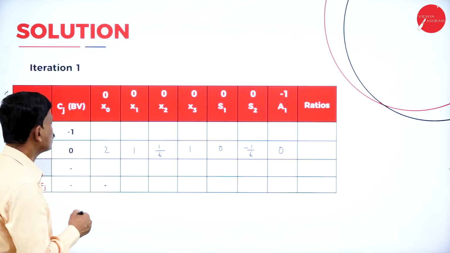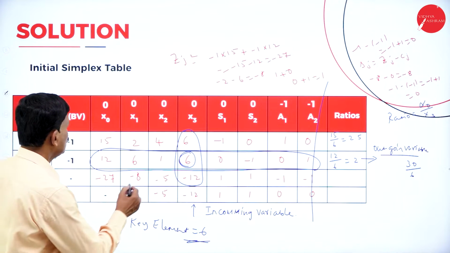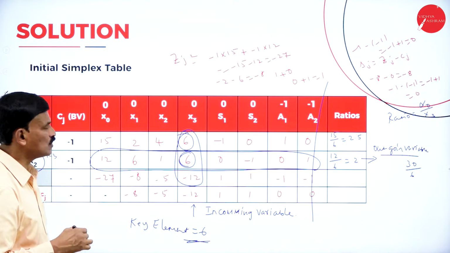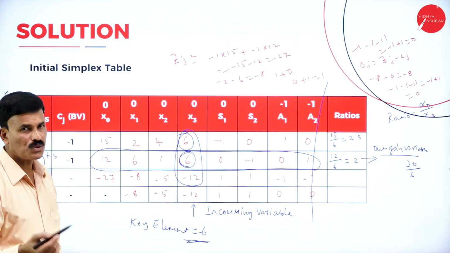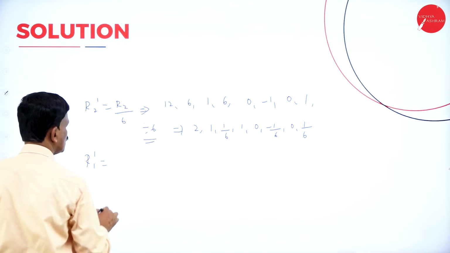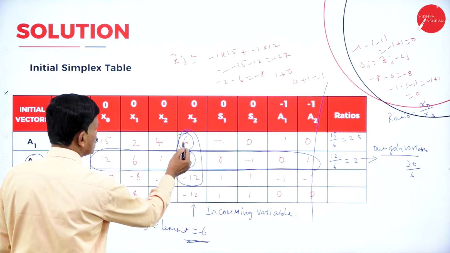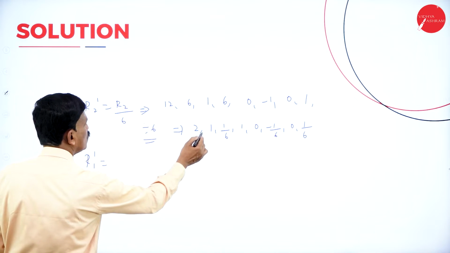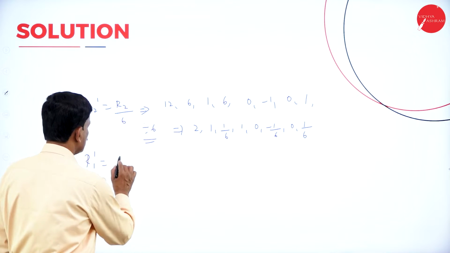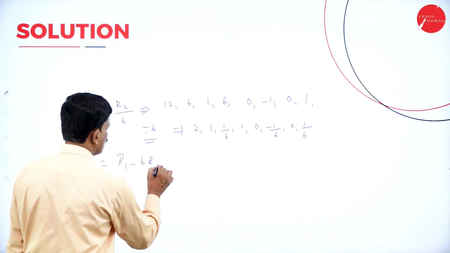Now let us find out the next row, converting this element to 0. To convert this element to 0, we perform a row operation. Here we have 6 and here we have 1. Therefore R1 dash can be written as R1 minus 6 R2.